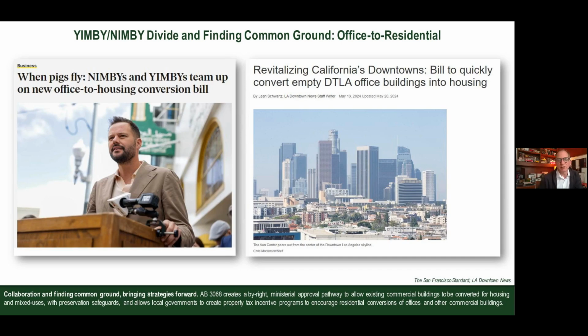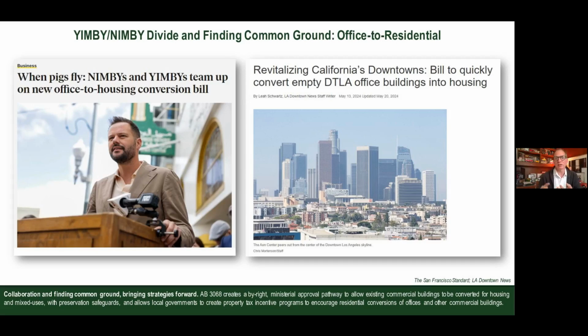This is an example. It's Assembly Bill 3068, introduced this year as part of the legislative session in California. It's essentially an office to housing conversion bill, but Assemblymember Matt Haney wanted to bring the YIMBY and the preservation community together as part of this bill.